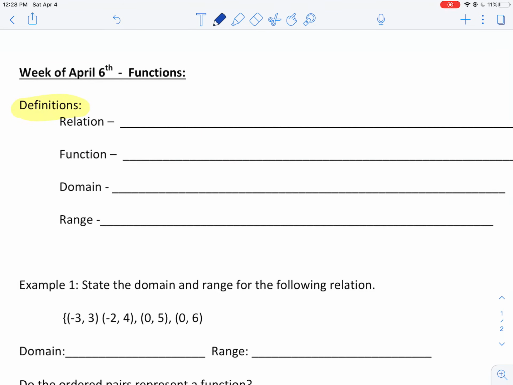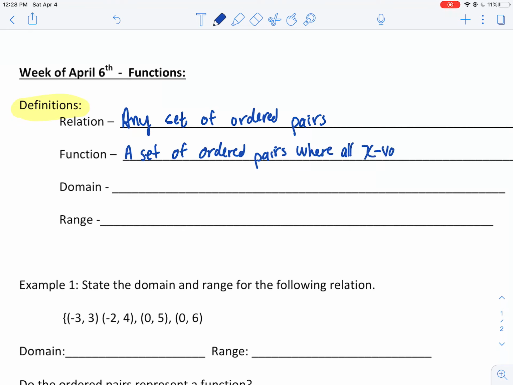The first definition is what a relation is. A relation, as a reminder, is any set of ordered pairs. This is what we learned, I think it was chapter 4. Now you have a whole bunch of sets of ordered pairs, that's a relation. Now, a function is a set of ordered pairs, but where all the x values are different, okay?